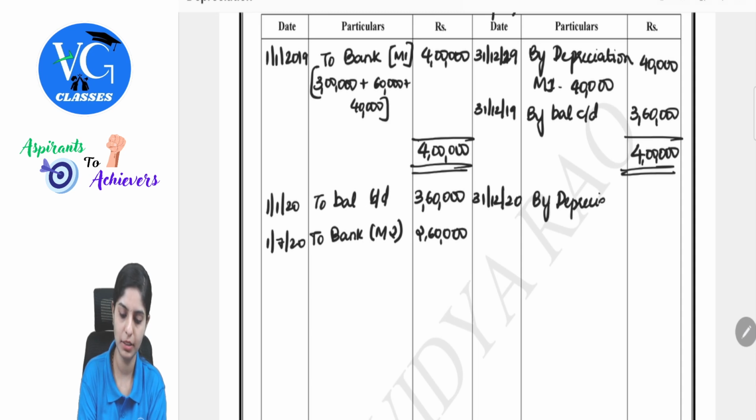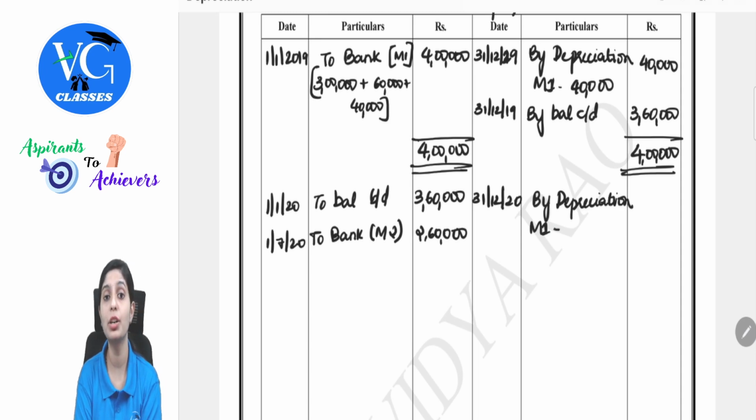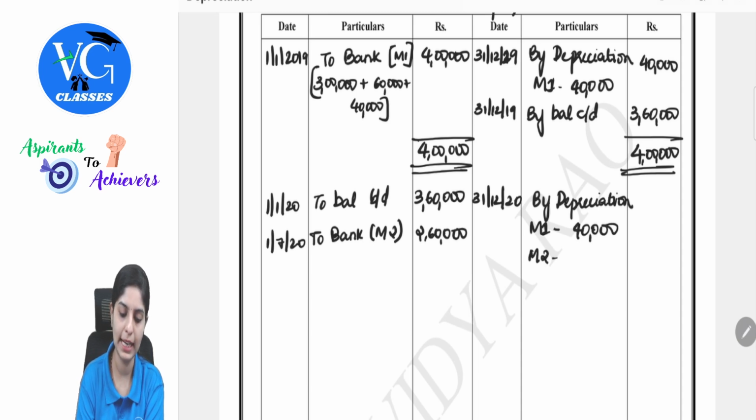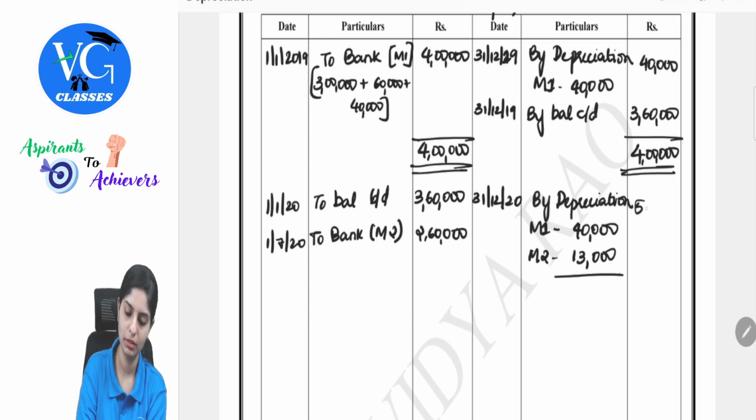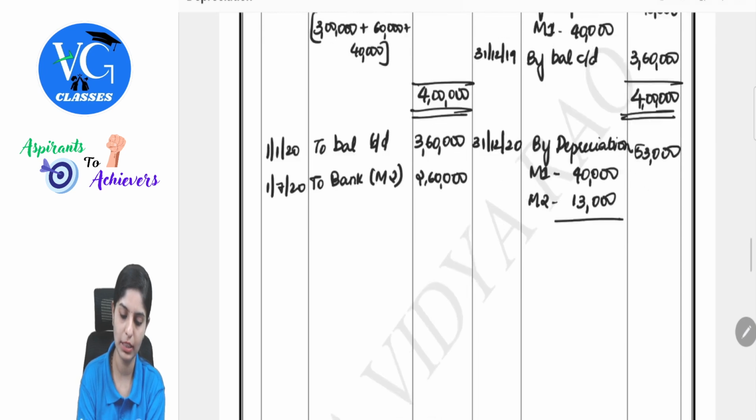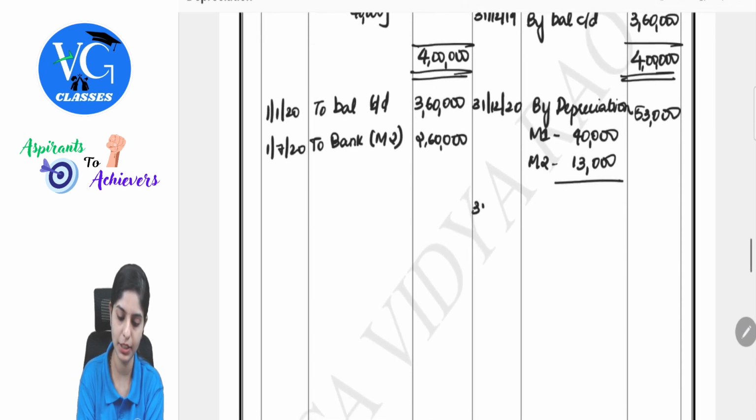By depreciation, machine 1, this is an original cost method. Remember guys, uniform amount of depreciation on 4 lakh 10%, this will be 40,000. Machinery 2, 2,60,000 on 10%, that was present in the business just for 6 months, so that will be 13,000. 53,000. In the same year, there are no other transactions.